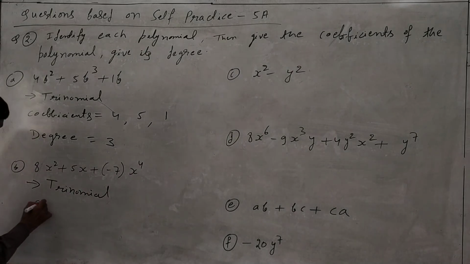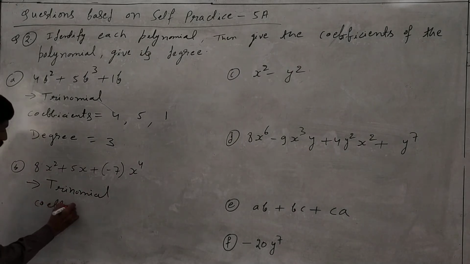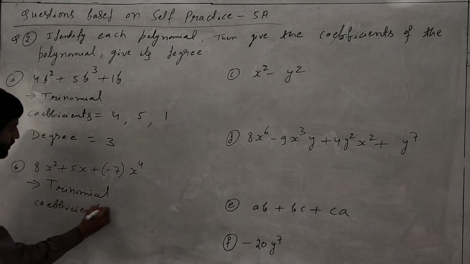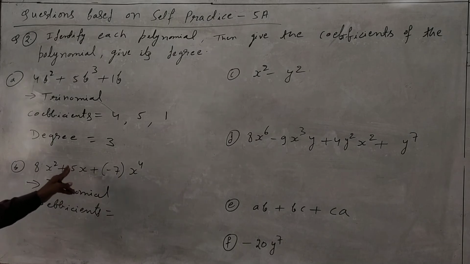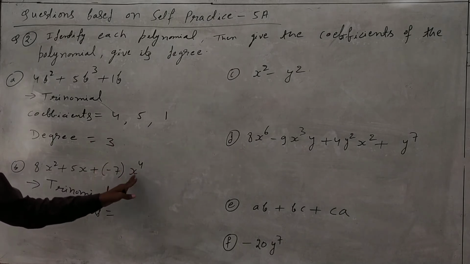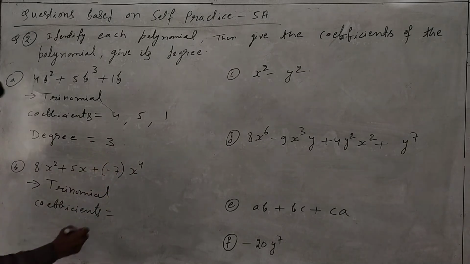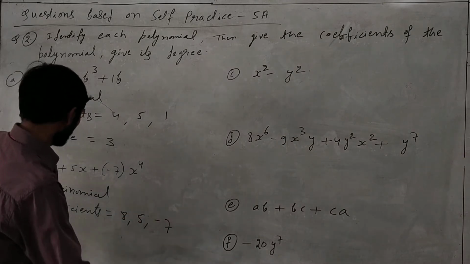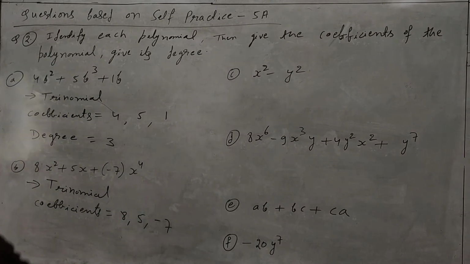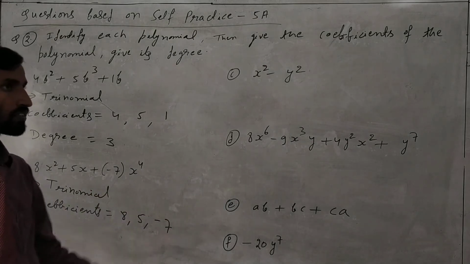The coefficient of x square is plus 8, the coefficient of x is 5, and the coefficient of x power 4 is minus 7. So just write down here 8, 5, minus 7. So the coefficient of each term is 8, 5, minus 7.